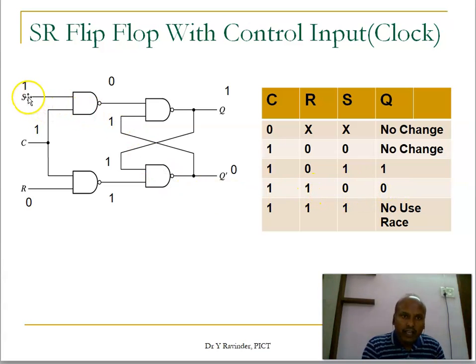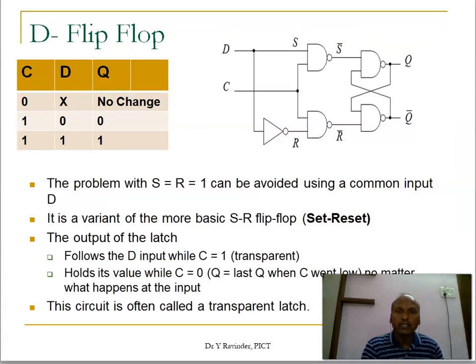If I connect S, and the same input is passed through a NOT gate and connected to R, if S becomes 1, R automatically becomes 0. If this is 0, this becomes 1. So that is the combination I am trying to use, and I call it a D flip-flop, data flip-flop or a delay flip-flop.